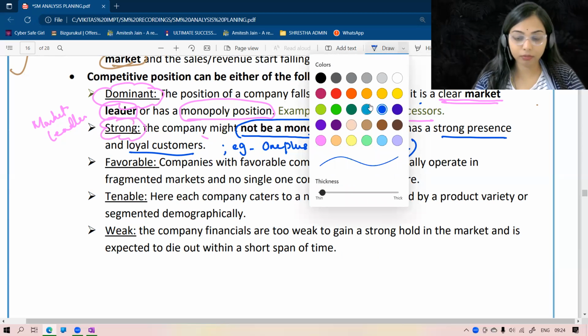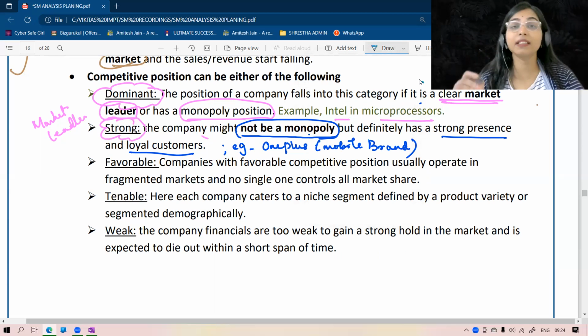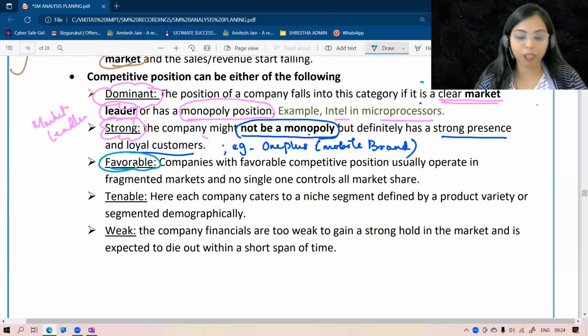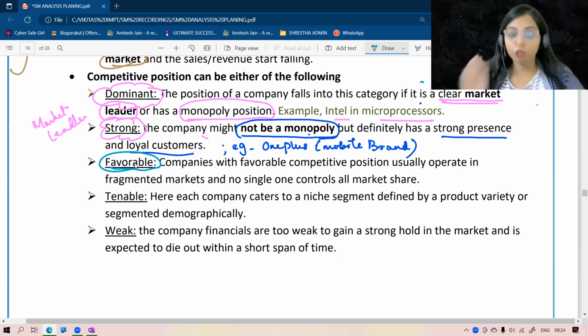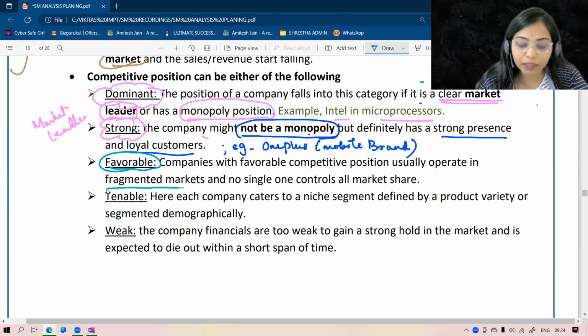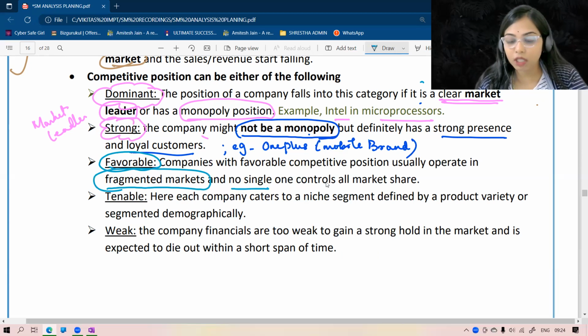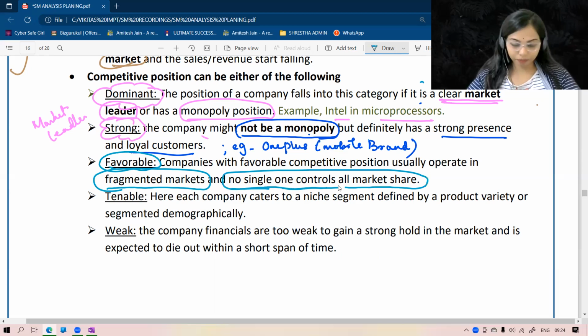Yesterday I did it. I'm repeating it, just 2 minutes I'll take, and then we can go into the chapter again. Then comes the favorable position. When can companies have a favorable position? They usually operate in a fragmented market, and no single one controls the whole market.